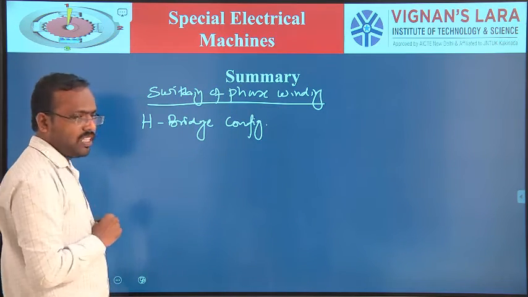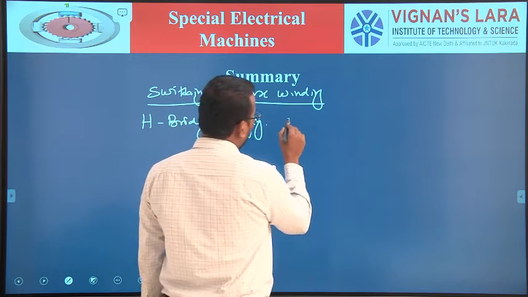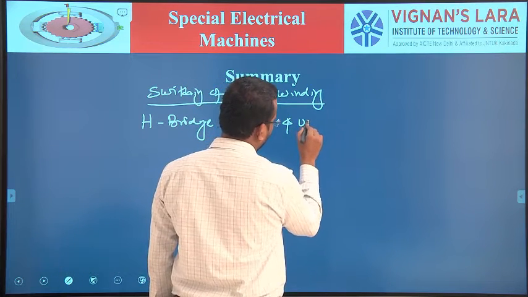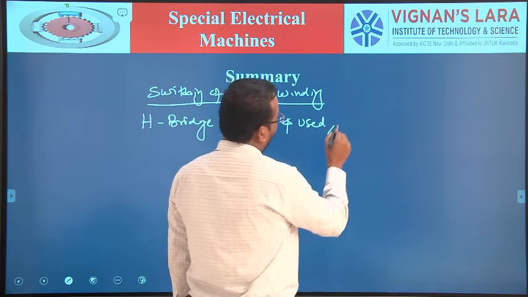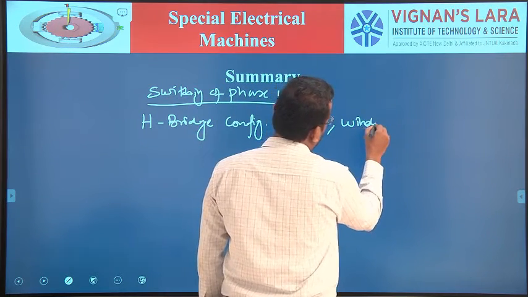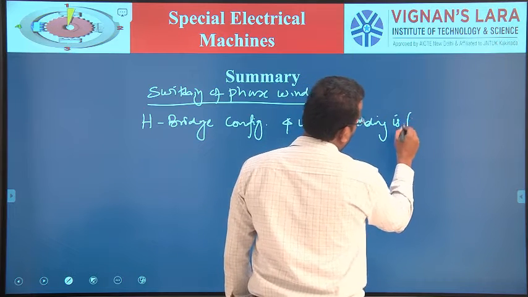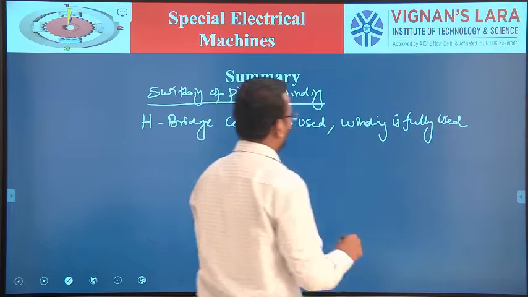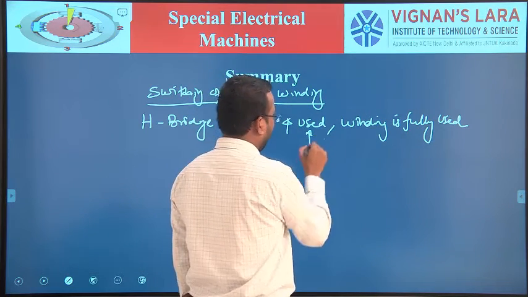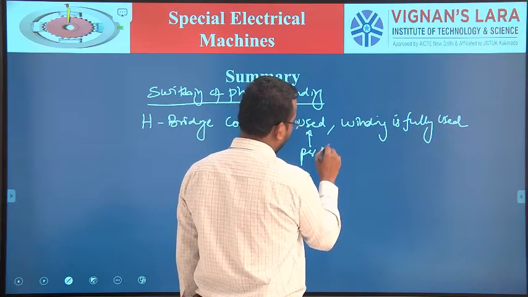In this H-bridge configuration, 4 switches are used and the winding is fully used. 4 switches per phase, that is very important.